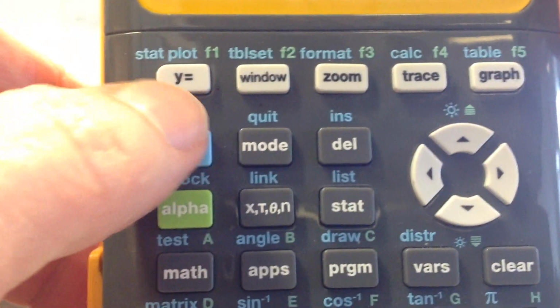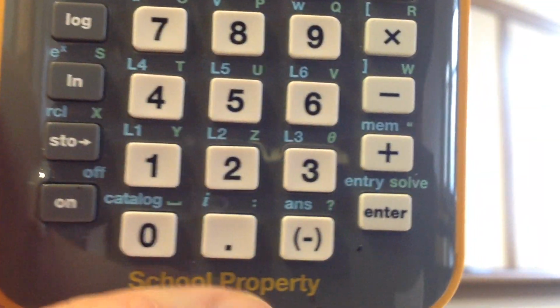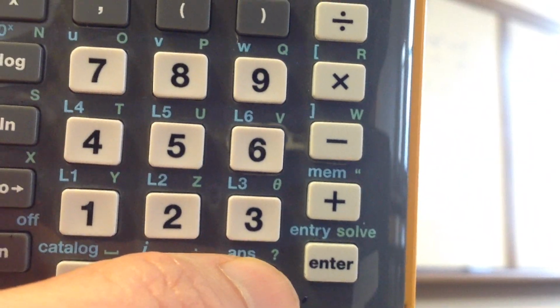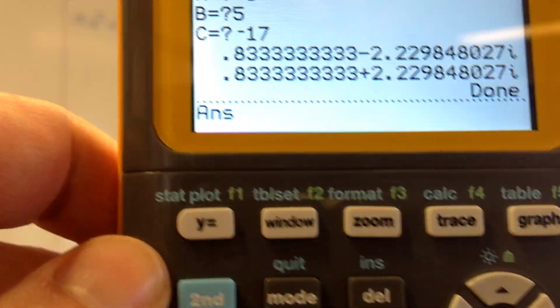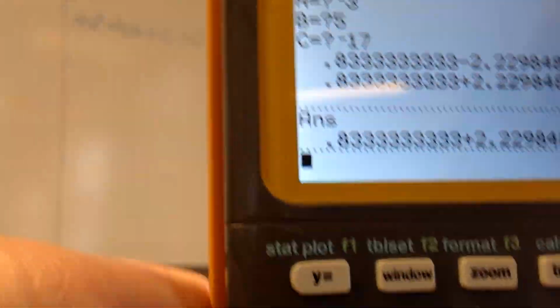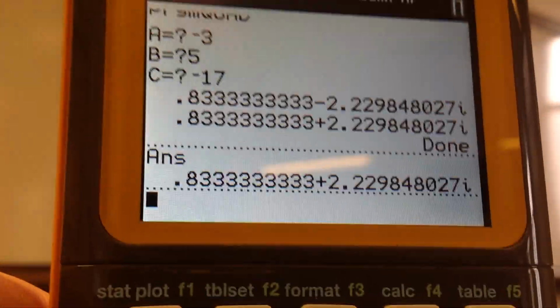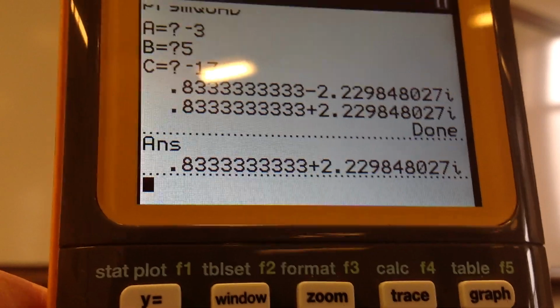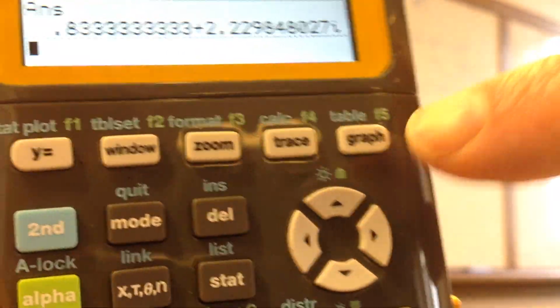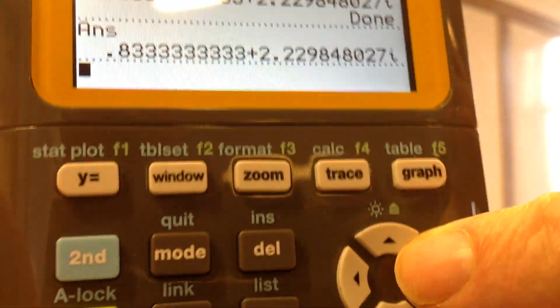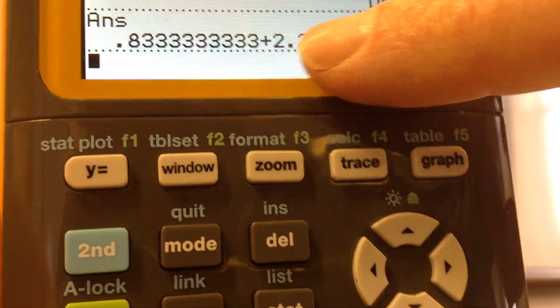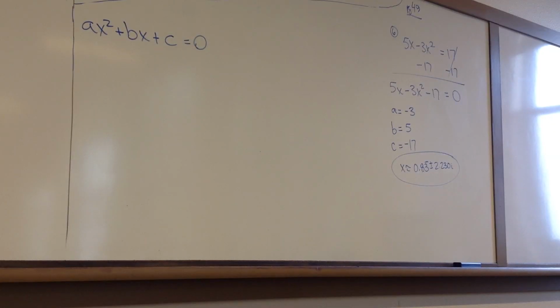So that's for the previous answer. To get that, we hit the blue second button, and then we hit the negative sign. We hit enter, and there's our previous answer. On the older calculators the benefit of this is that you can arrow over to the right, and that'll allow you to see the rest of these digits. Okay, so if you have one of those older calculators, you might run into that issue.